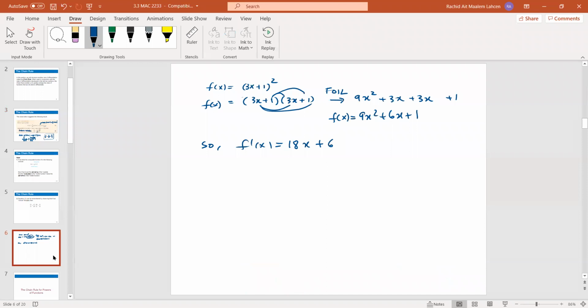So if we go back to the example to explain the chain rule, we'll find that this was using the power rule, like the previous rules, and now using a chain rule.